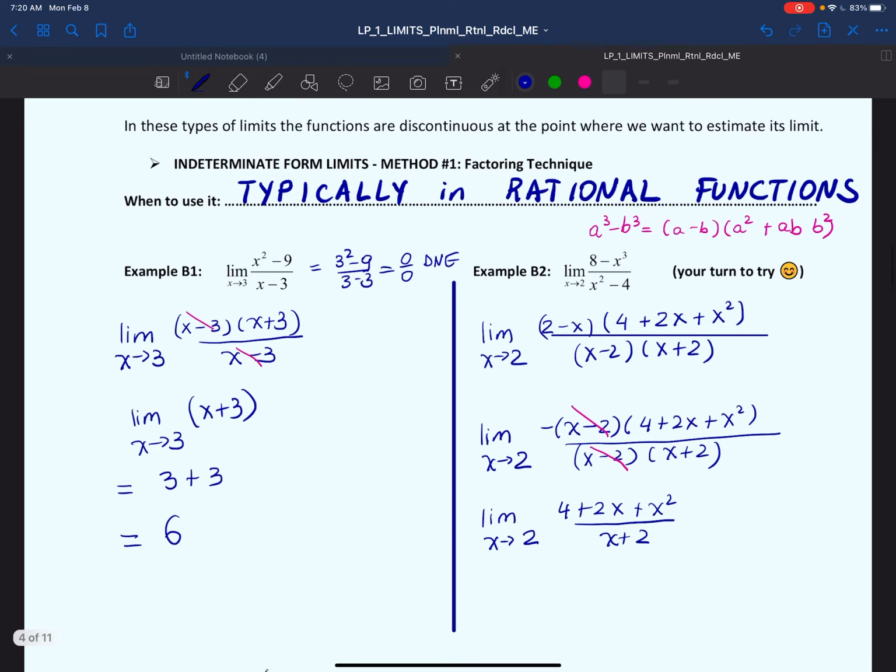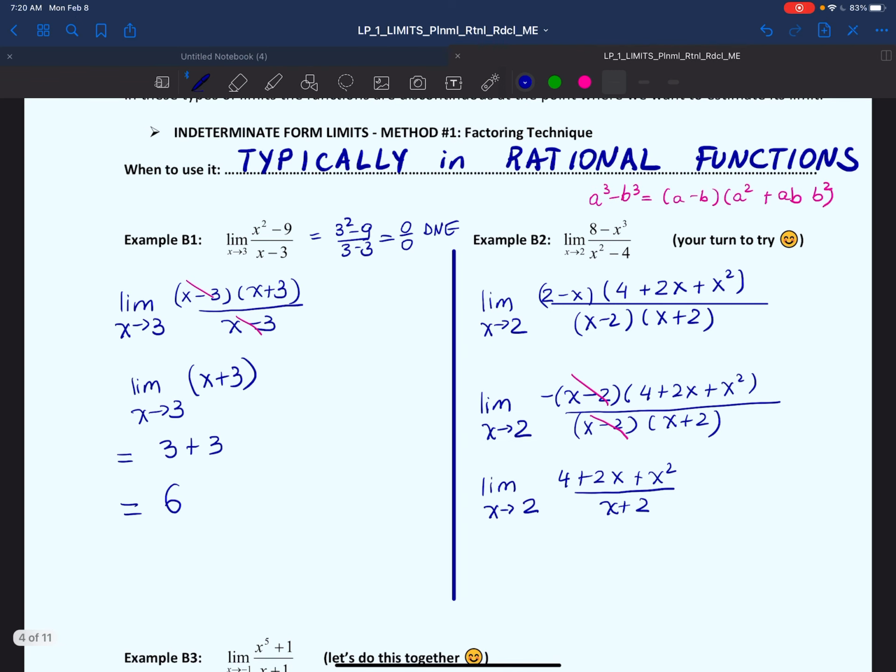And now I'll substitute because I see that the denominator is causing no trouble anymore, because 2 plus 2 is not going to be 0. So we're going to say that we have 4 in here, 2 times 2 plus 2 squared divided by 2 plus 2. So once you substitute the numbers in, you don't have to write limit as x approaches 2, okay?